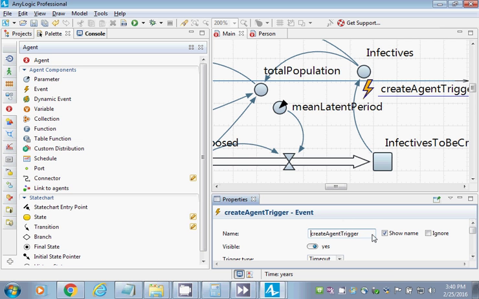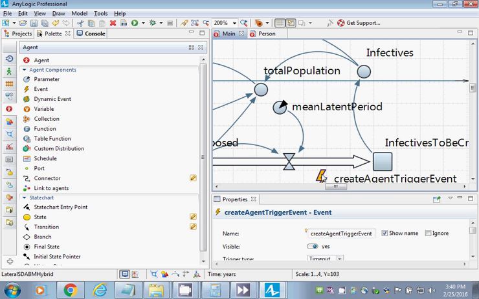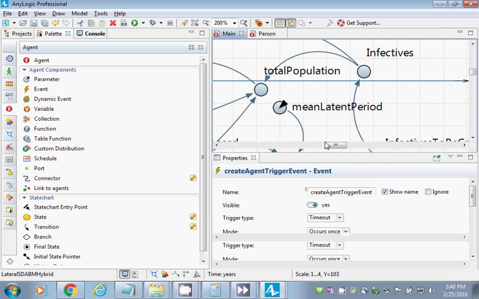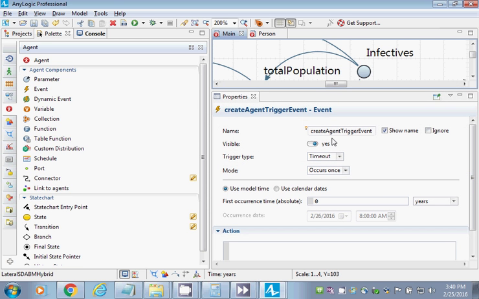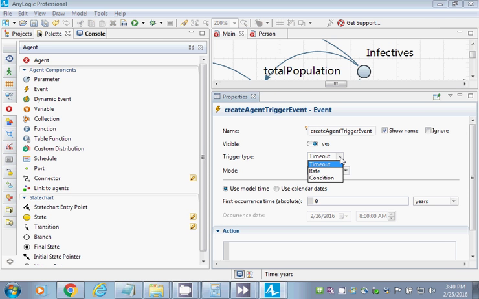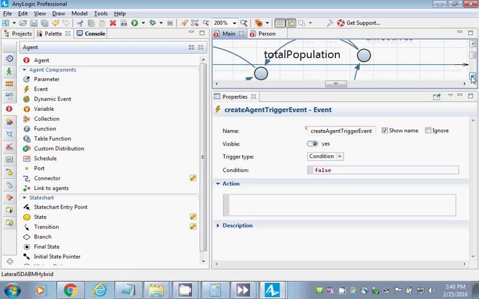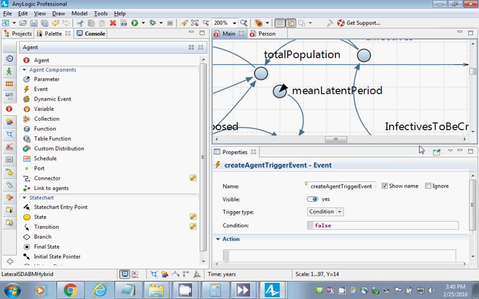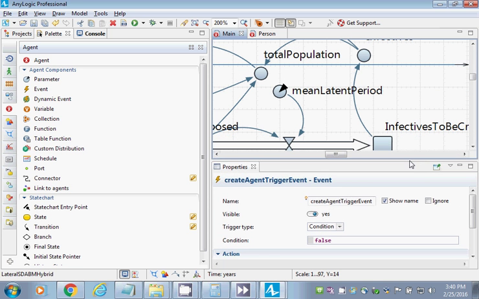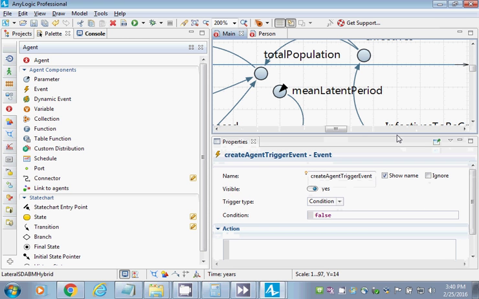It's just, if you don't specify, it never fires. So it should be infectives to be created greater than or equal to 1.0. So it's only going to run if there's at least one full agent to be created.